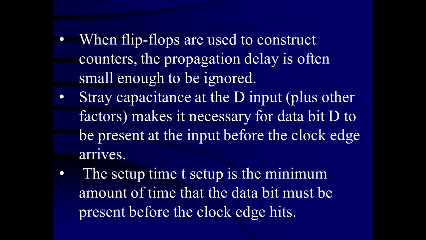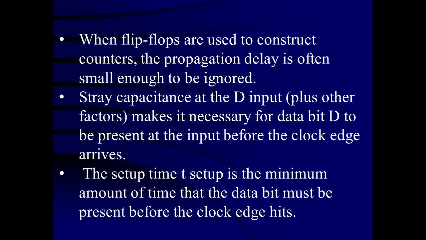now the second type is called the setup time. How is it going to be there? Stray capacitance at the D input or any input of the flip-flop, plus other factors, makes it necessary for data bit D to be present at the input before the clock edge arrives. So whatever data, either the D input, S and R input, or J and K input, must be present prior to the clock edge arriving.